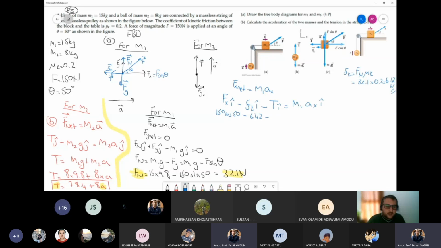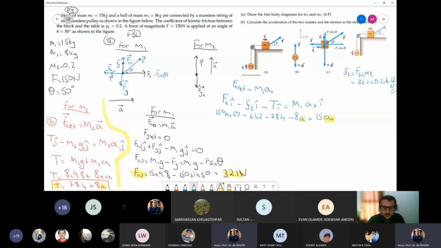You don't know it, but from here you can plug it in. 78.4 plus, but here plus, but there is a minus. Okay, so this minus is for both of them. So it becomes minus 8a equal to m1 is 15ax. From here, only unknown is a.